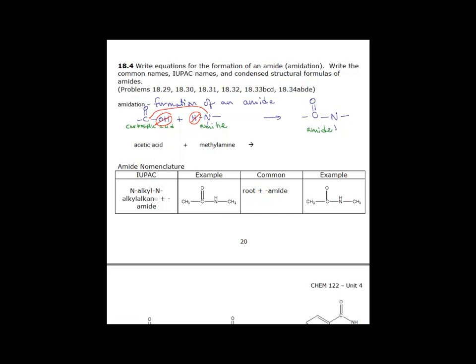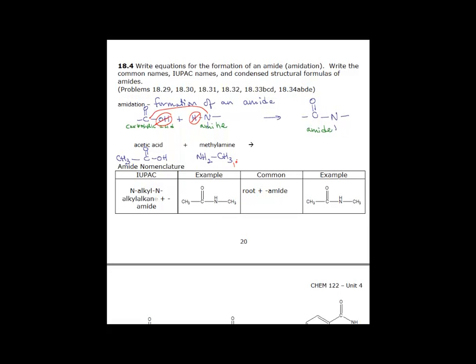So I have an example here, acetic acid plus methylamine. I want you to draw out the structure of acetic acid and methylamine now. So hit pause and draw out the structures. So acetic acid, just like that. 2 carbon, carboxylic acid. Methylamine is a 1 carbon amine. It is a primary amine.